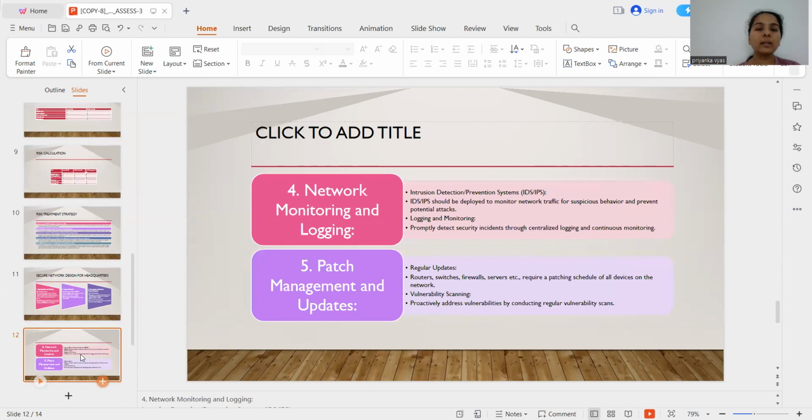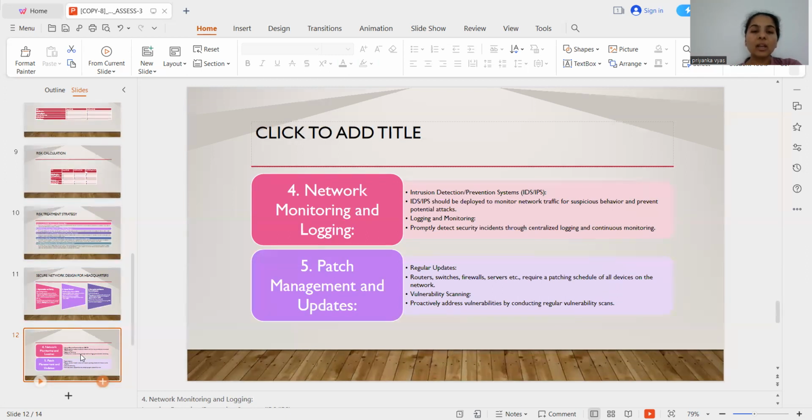In the next slide, network monitoring and logging. Intrusion detection and prevention systems, IDS and IPS, should be deployed to monitor network traffic for suspicious behavior and prevent potential attacks. Logging and monitoring promptly detect security incidents through centralized logging and continuous monitoring.